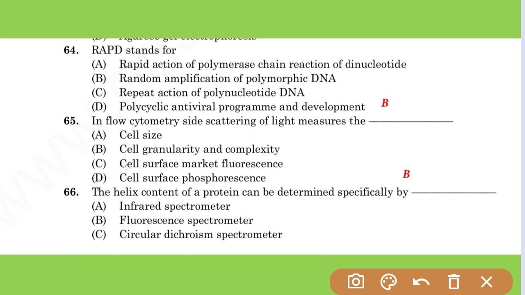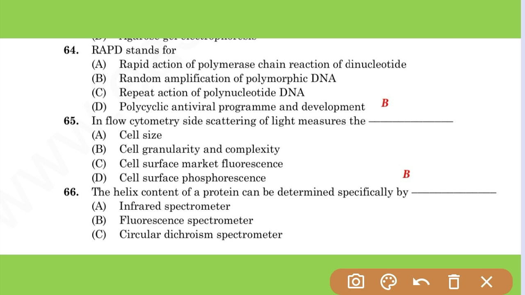Each particle is analyzed for visible light scattering and one or multiple fluorescence parameters. Simply, flow cytometry is a laser-based technique used to analyze the chemical and physical characteristics of particles.